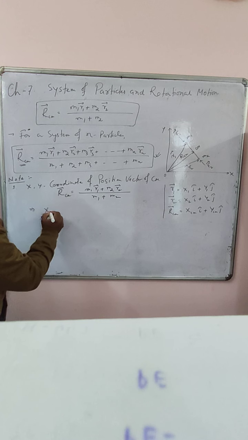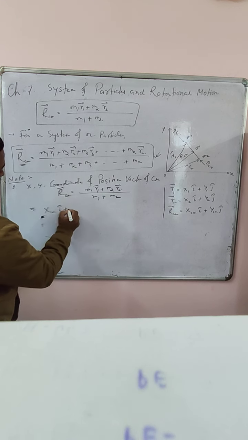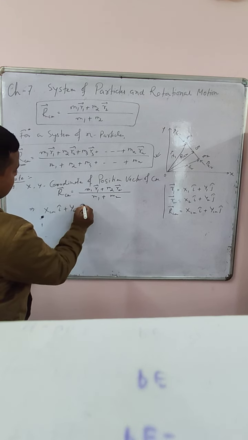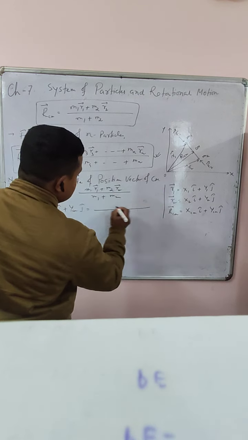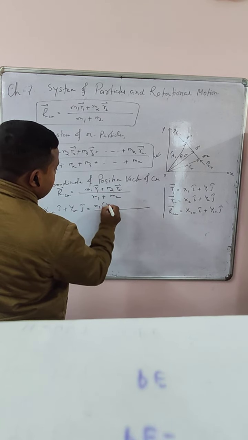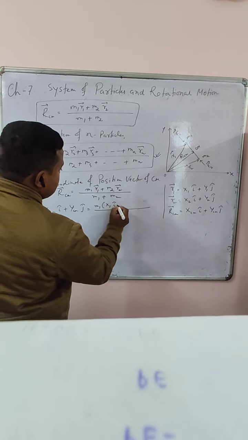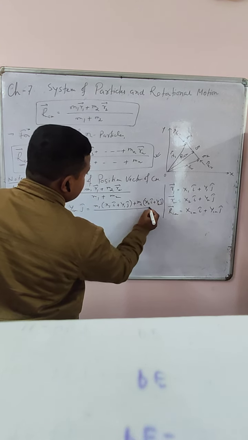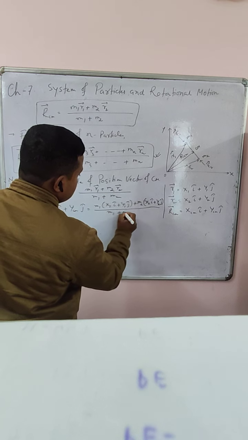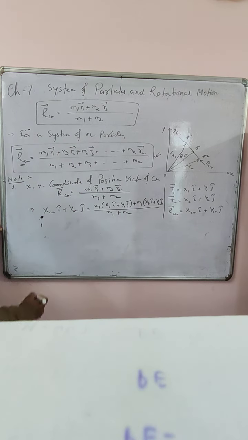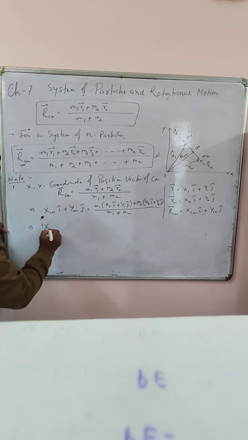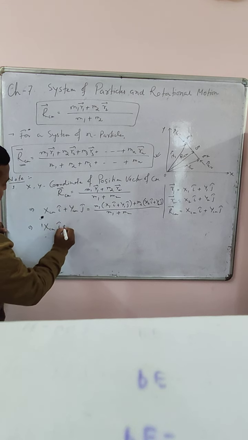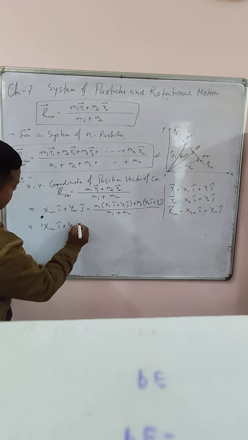Part same, you can write xcm I cap plus ycm j cap. Then here it is m1 r1, you can write x1 I cap plus y1 j cap. Then m2 r2 is x2 I cap plus y2 j cap. So here, m1 plus m2 times xcm I cap plus ycm j cap.